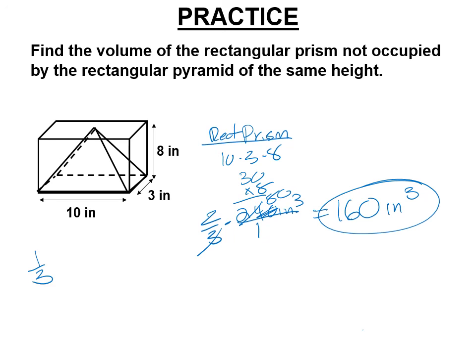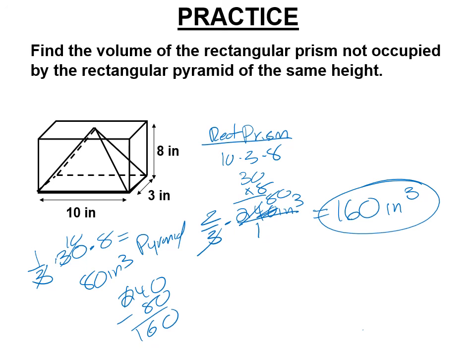Now, if you want to, you could do the volume the longer way: 1/3 area of the base, 10 times 3, 30, times the height. These cancel. And the pyramid is 80 cubic centimeters. And then you could subtract that from the 240, and you're going to get the same 160 after you borrow.